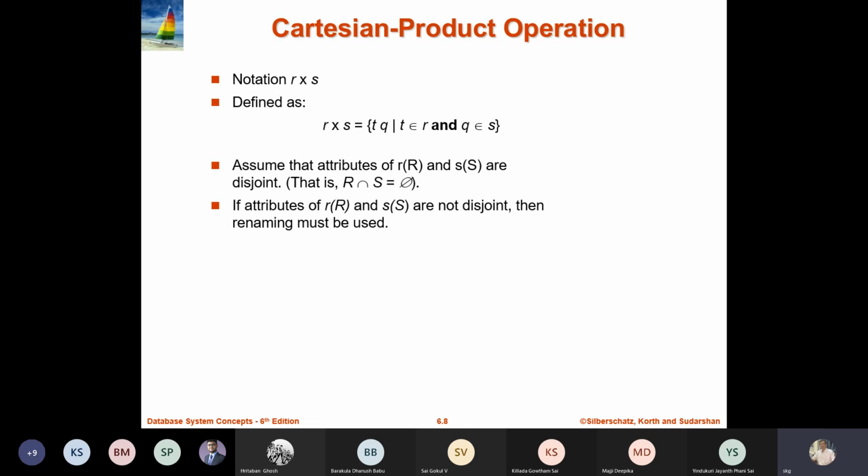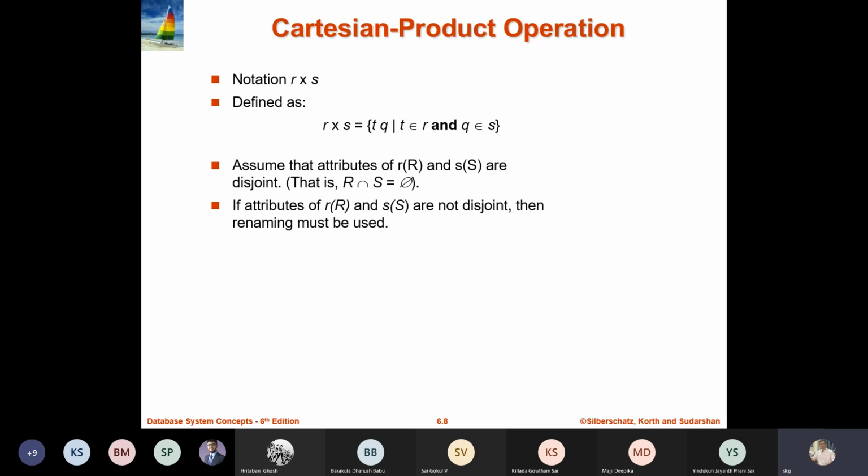If the attributes of R and S are not disjoint, then renaming must be used. If there are m tuples in relation R and n tuples in relation S, then the result will have m times n tuples in the resulting relation in case of Cartesian product.